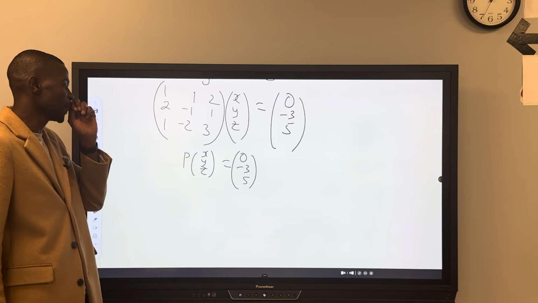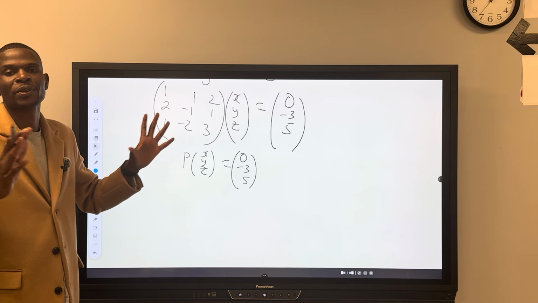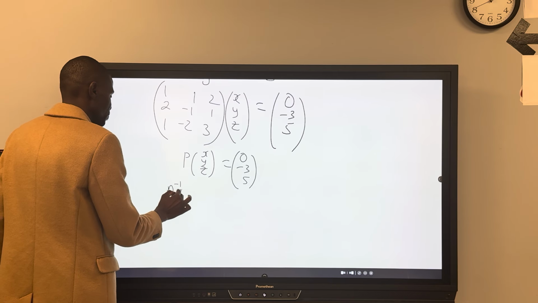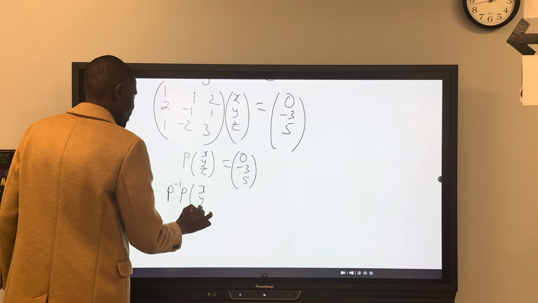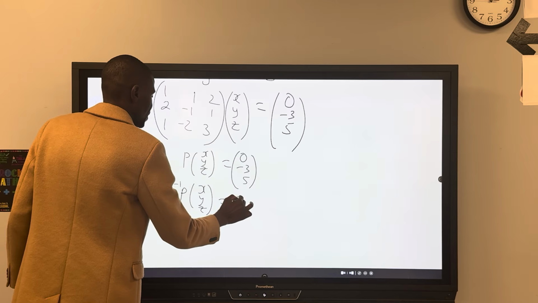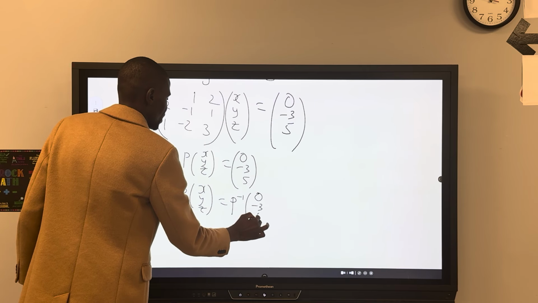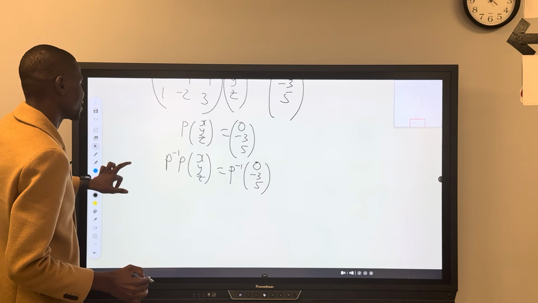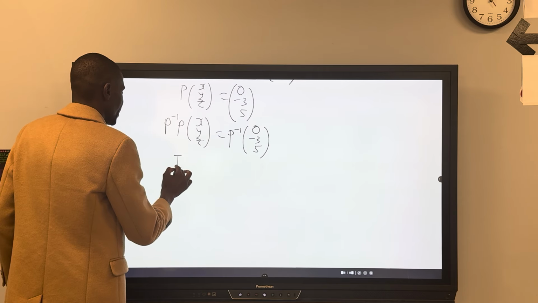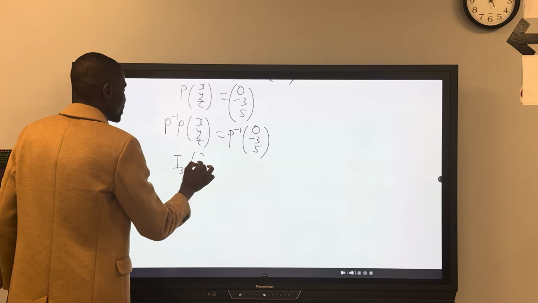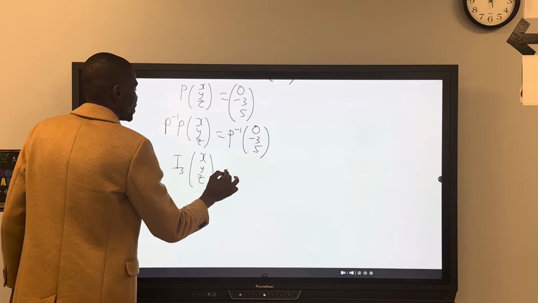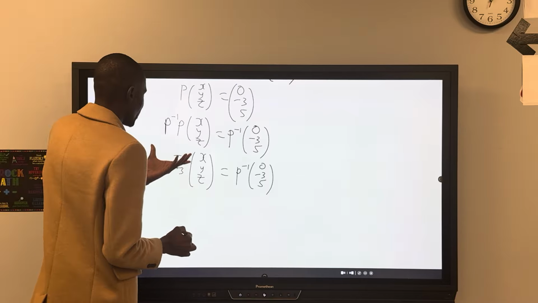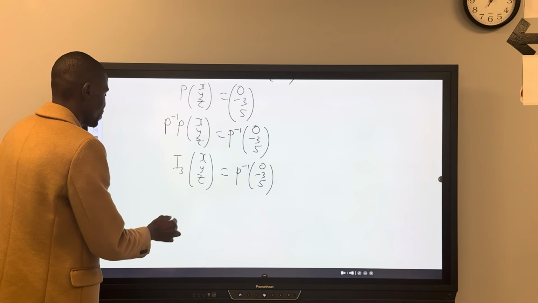But you know that to get rid of this, you pre-multiply by the inverse. So you're going to say P inverse P of x, y, z, and you do it on both sides: 0, -3, 5. When you multiply a matrix by its inverse, you get an identity, a 3 by 3 identity matrix, times x, y, z, equal to P inverse of 0, -3, 5. If you multiply the identity by any other matrix, it doesn't change.